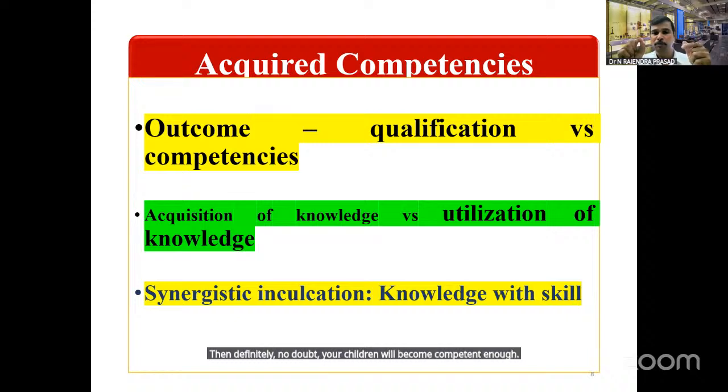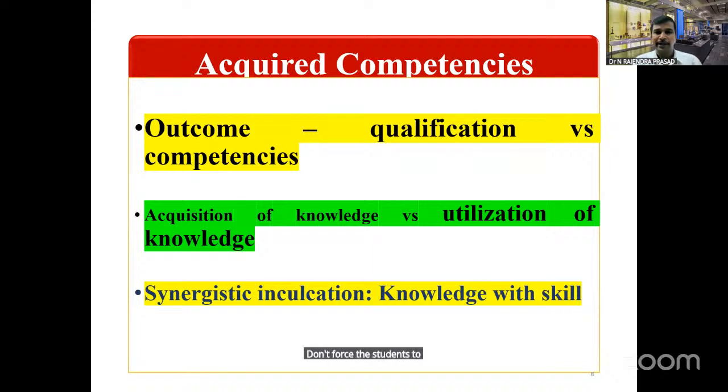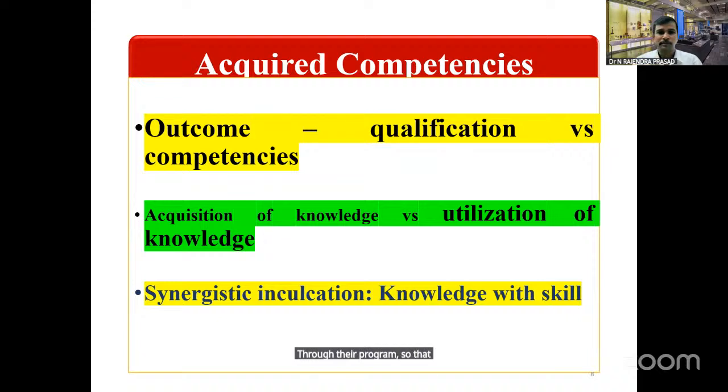You keep this in your mind. So don't worry about the qualification. Don't force the students to score 99% of the marks. Though, along with the 99% of the marks, they have to acquire the relevant competencies through their program. So that is very essential.